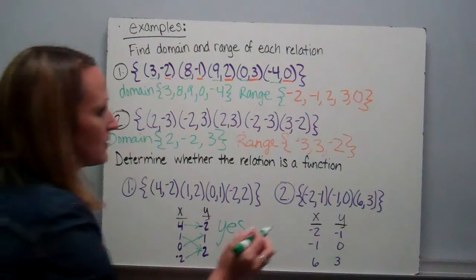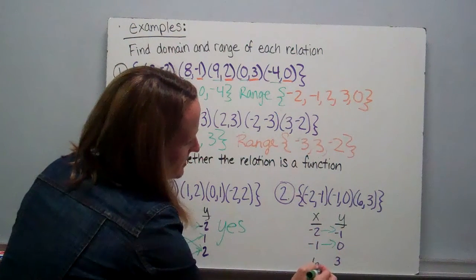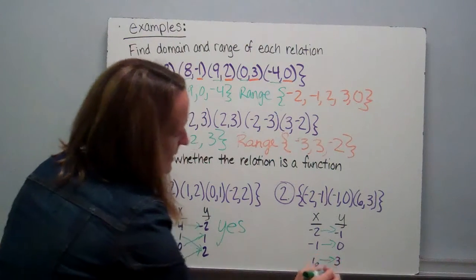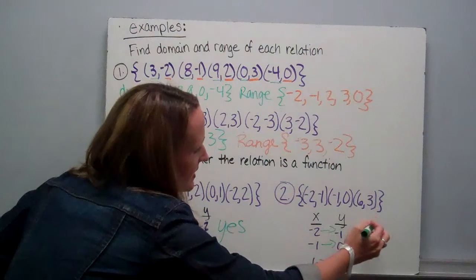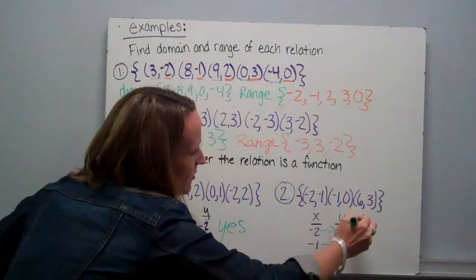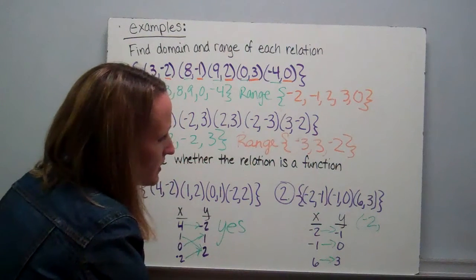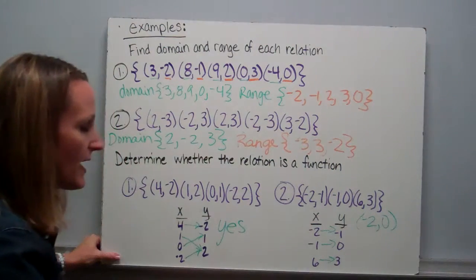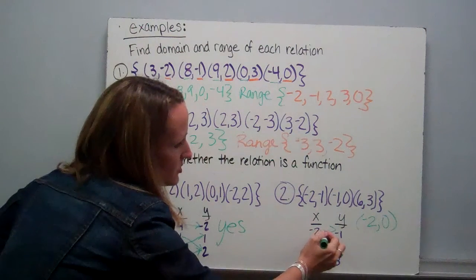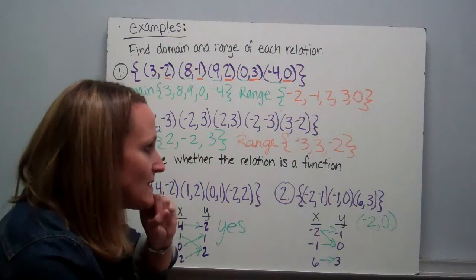What about here? Negative 2 goes with this 1. This negative 1 goes with this 0. This 6 goes with this 3. Well, what if I put in another ordered pair? Let's say that I said negative 2 goes with 0. So I've added another ordered pair. Well, remember I said your y's can repeat, so that would be okay.